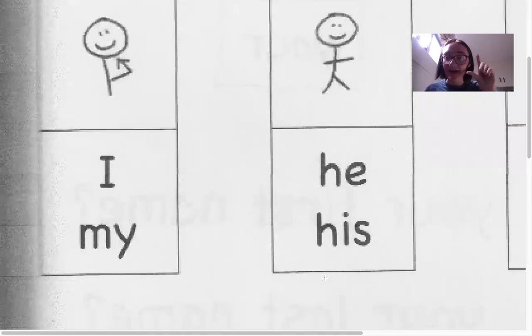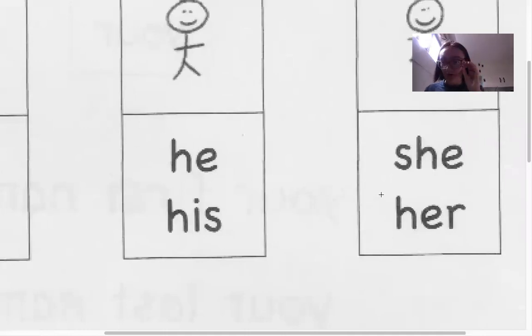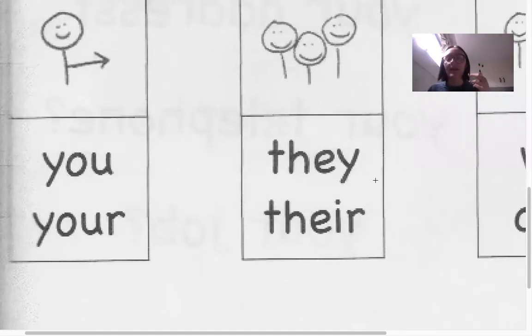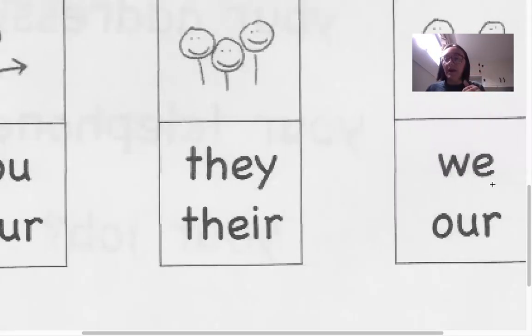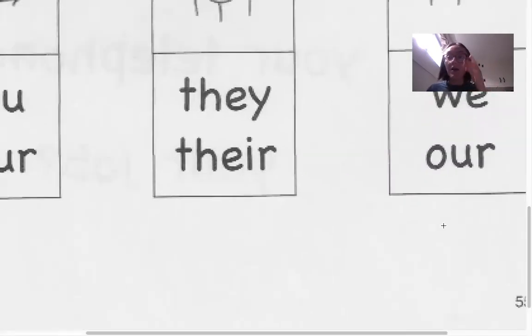So we can use I and my together. He and his are used to mean the same thing. She, her are used to talk about the same thing. You and your, same thing. They, their, and we and our. The second one, when we say my, his, her, your, their, our, what we're talking about is something that is owned, something that belongs to them.